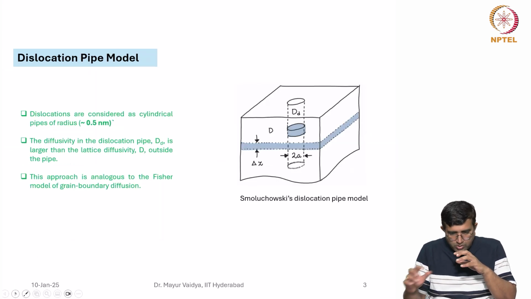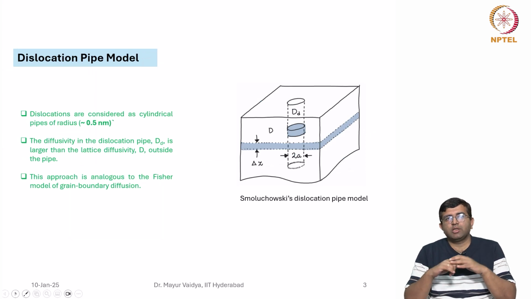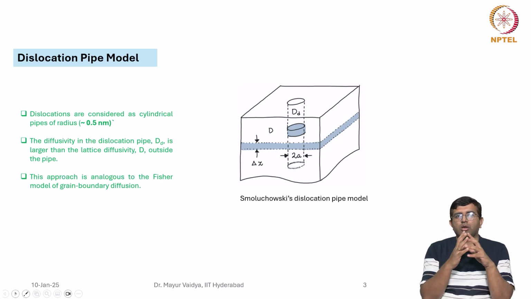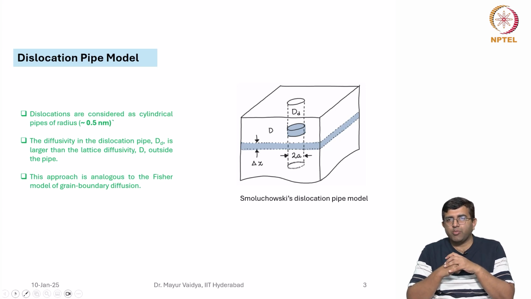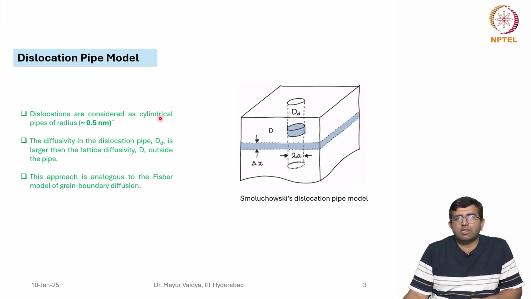Now, how do we mathematically formulate the problem for dislocation diffusion? Like in the case of the grain boundary, where we have Fisher's model, taking an analogy from there, Smoluchowski developed a dislocation pipe model for understanding the diffusion behavior through dislocations. Here, dislocations are considered as a cylindrical pipe of radius approximately 0.5 nanometer.